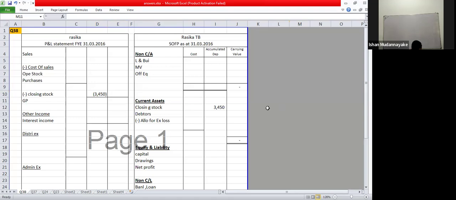And then the second one: a receivable from Ganga distribution amounted to 150 to be written off as bad debts, and a general provision of 2% for doubtful debts to be made for the remaining trade receivable balance at the end. We can adjust this like this.